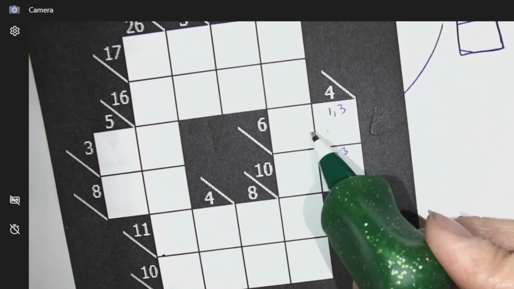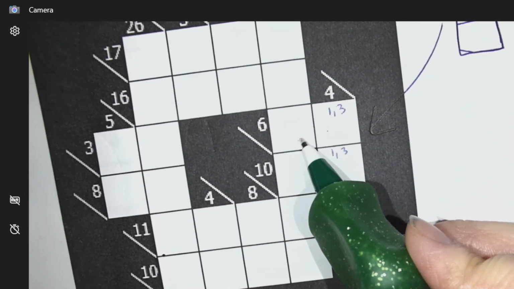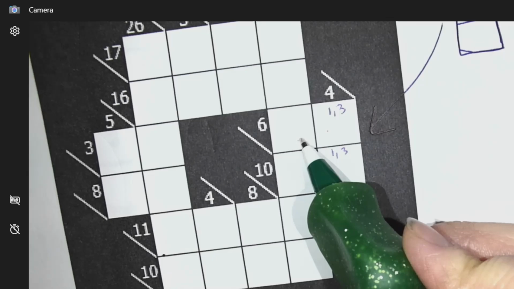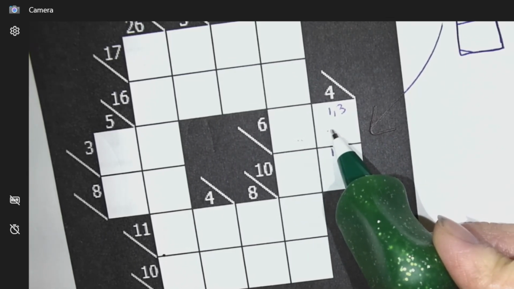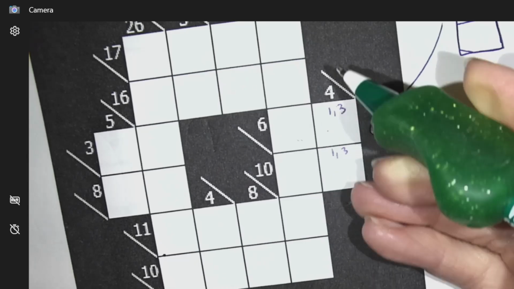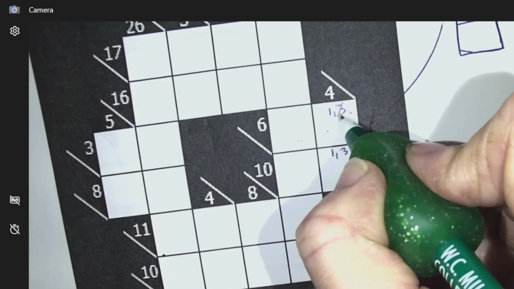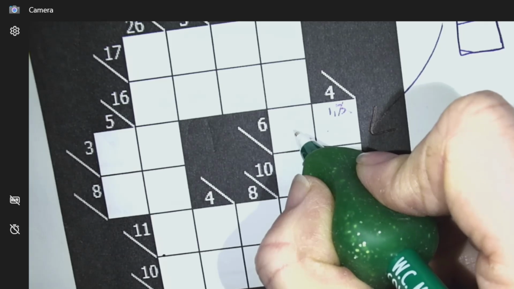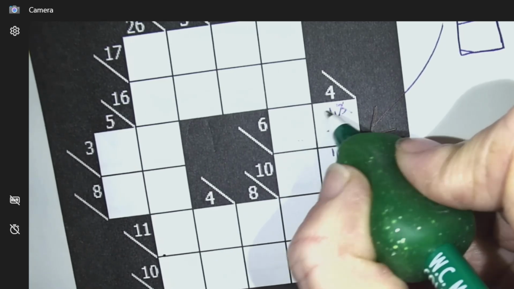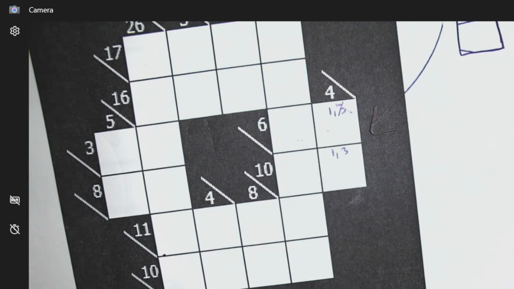But these 2 boxes have to add to 6. What do you know? It has to be 1 plus 5, because what's the other option? Why can't you put the 3 there? Because then this would be 3, and this would be 3 plus 3. No, can't.